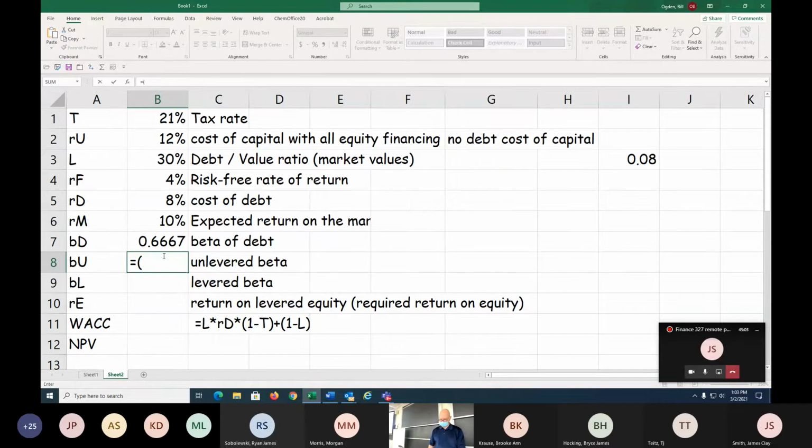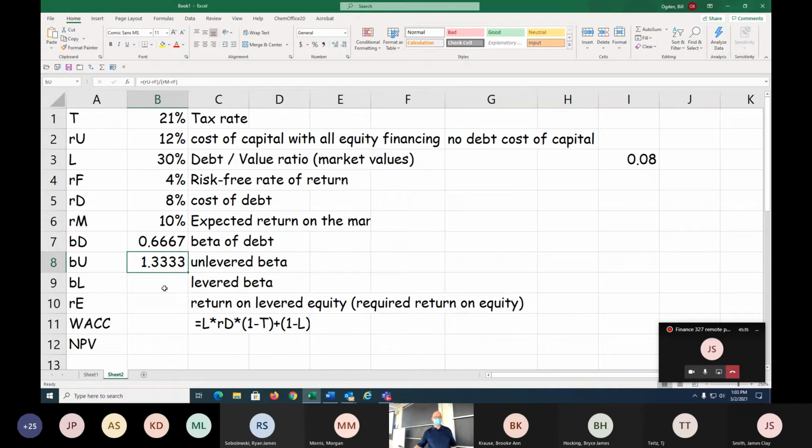So we're going to take RU, subtract risk-free, and that compares to the market risk premium. So go ahead and do it. Compare that to the market risk premium. I get 1.33. Is that a good number? Okay. All right. So that's the unlevered beta.